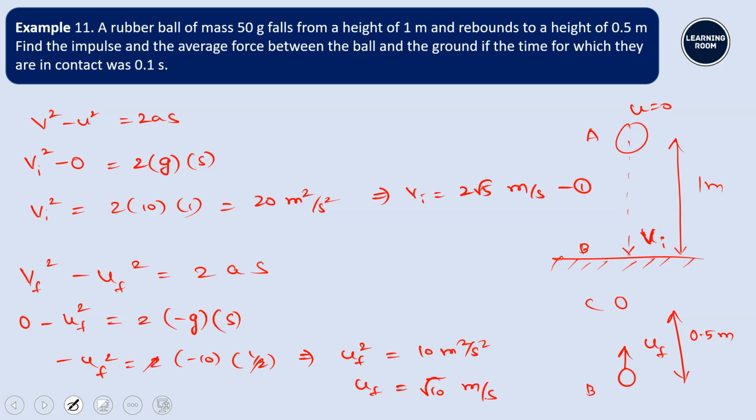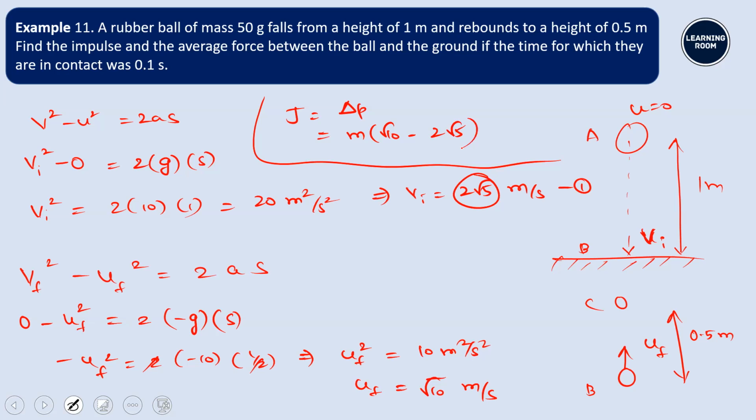So for us to calculate the impulse, what do we need to do? Impulse will be equal to change in momentum: mass of the object into final velocity, which is root 10, minus initial velocity, which is 2 root 5. Is that right? Right.